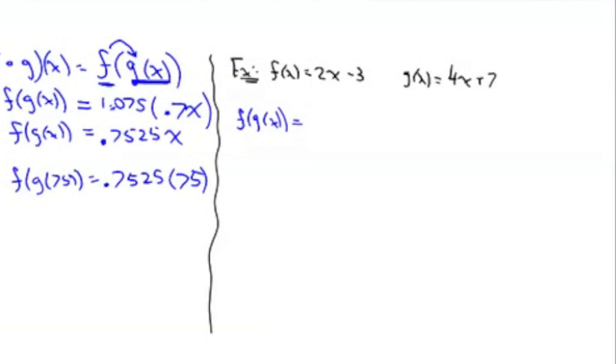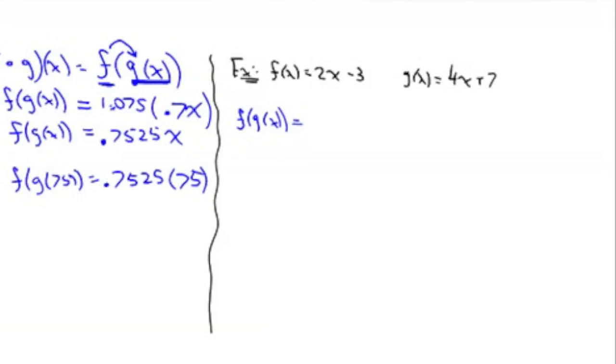So what function do you look at first, the f or the g? What function is getting plugged into? Am I plugging g into f or am I plugging f into g?